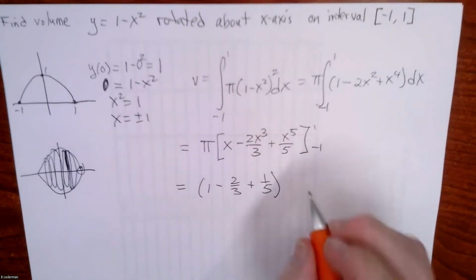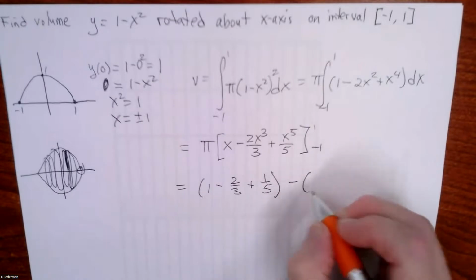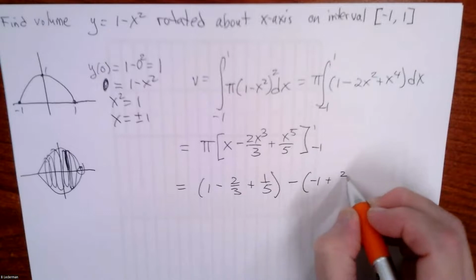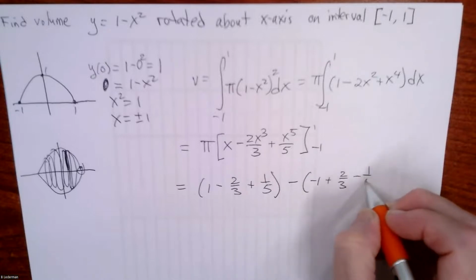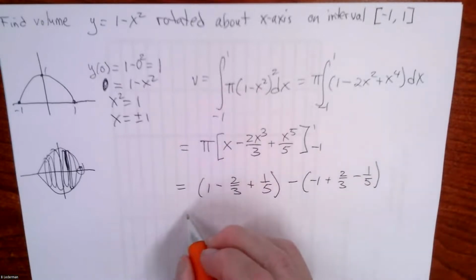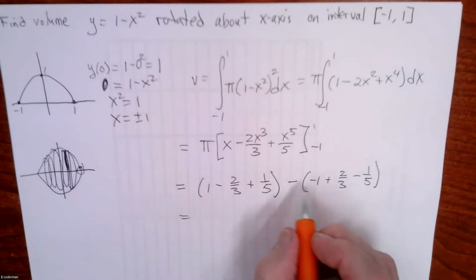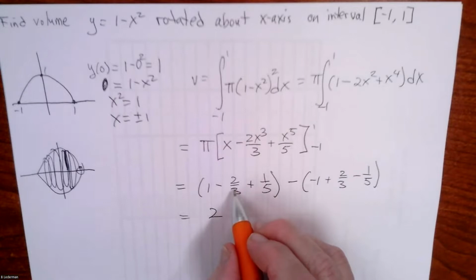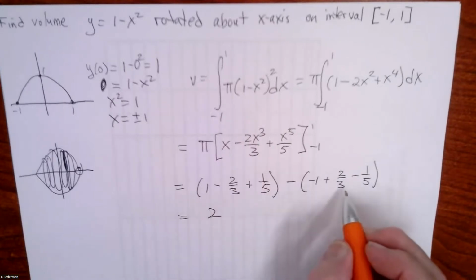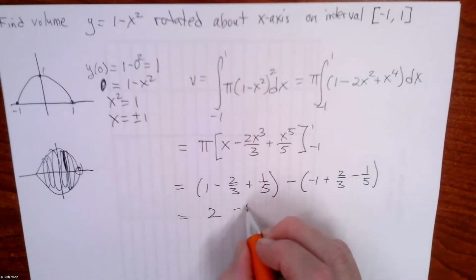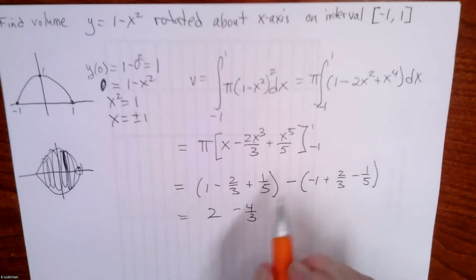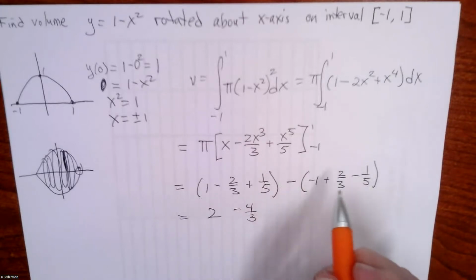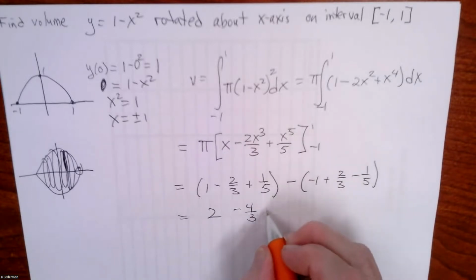And then minus -1 plus 2/3 minus 1/5. And when I combine all this, I have 1 minus -1, so that's 1 plus 1 is 2. Negative 2/3 minus 2/3, that's minus 4/3. And 1/5 minus negative 1/5, that's 1/5 plus 1/5 or 2/5.